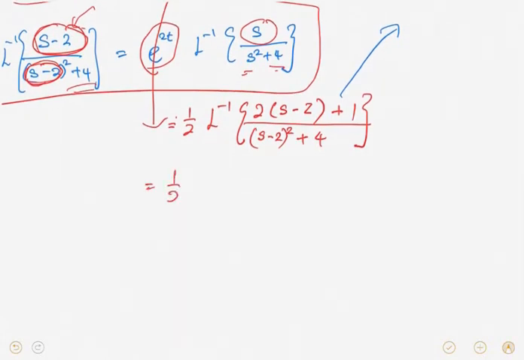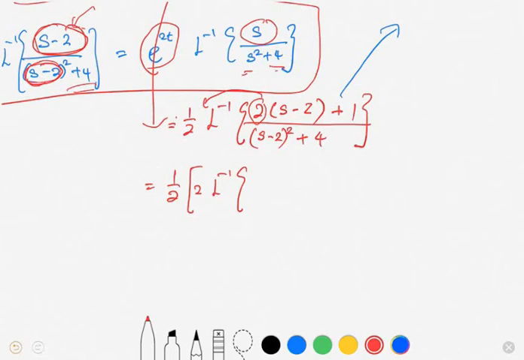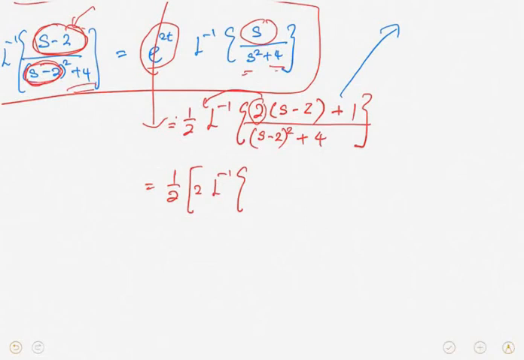Now we apply the first shift. So this one, we take it out. So we have the 2 inverse Laplace transform s minus 2 and s minus 2.